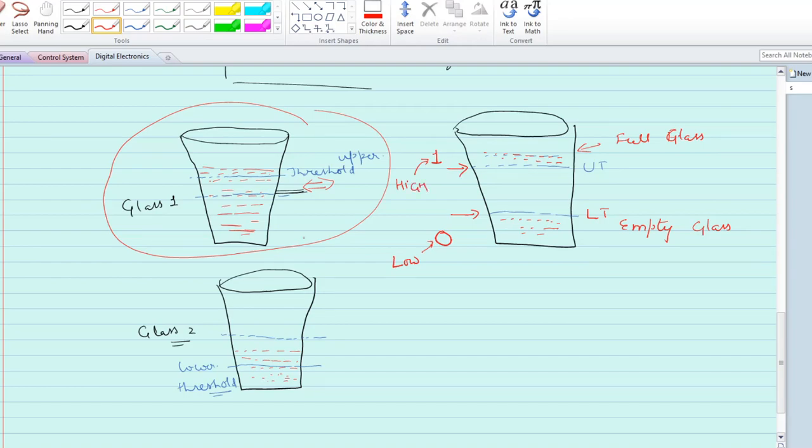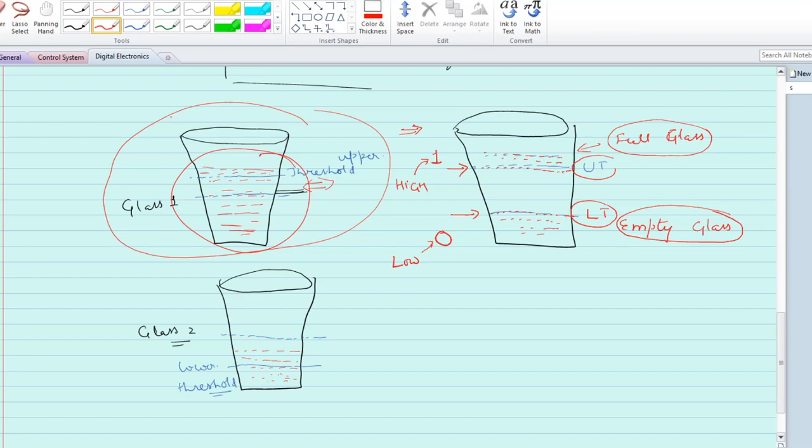Okay, so we actually digitized this analog part to the digital world in this way, that we set some limits so that we can find out the actual output, whether it is a fully filled glass or an empty glass.